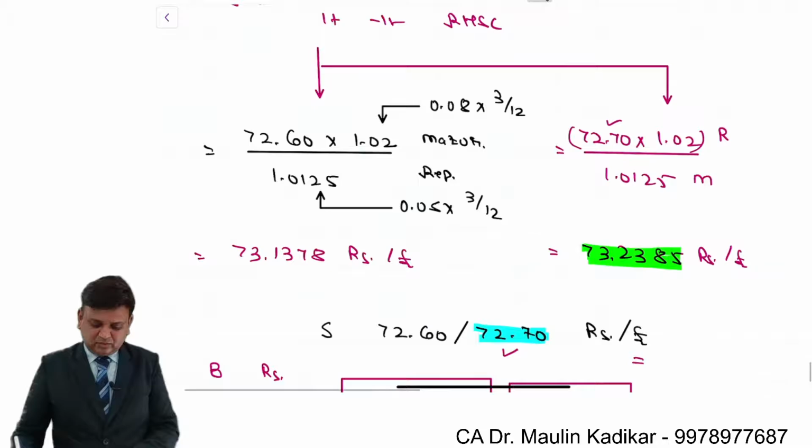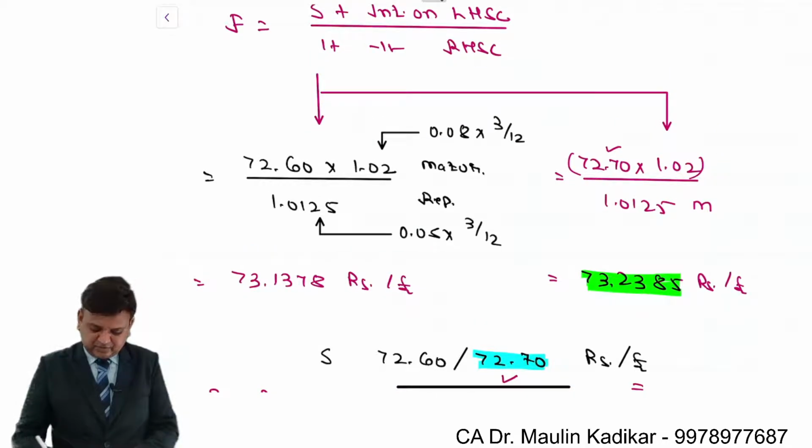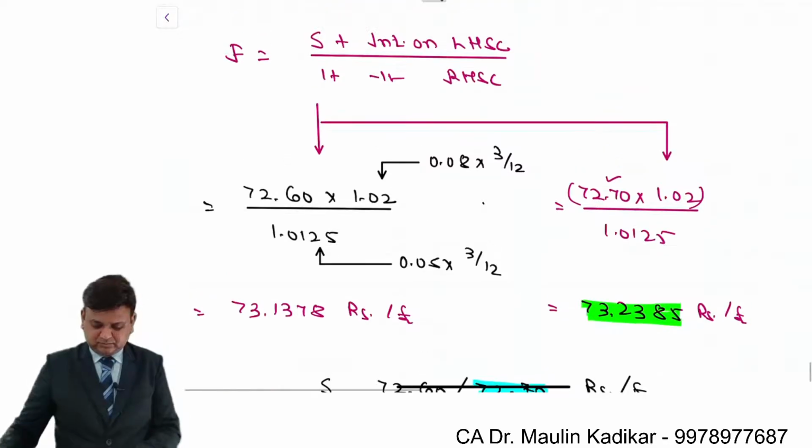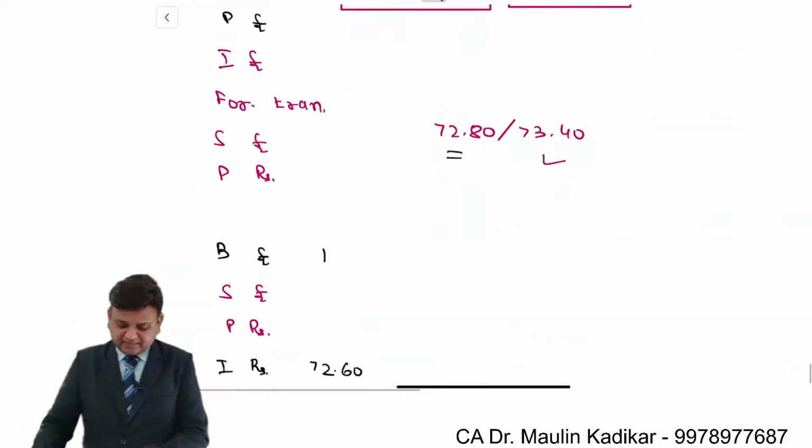Write down method number 2, and in that you write down this exchange rate first of all. Please write down further.